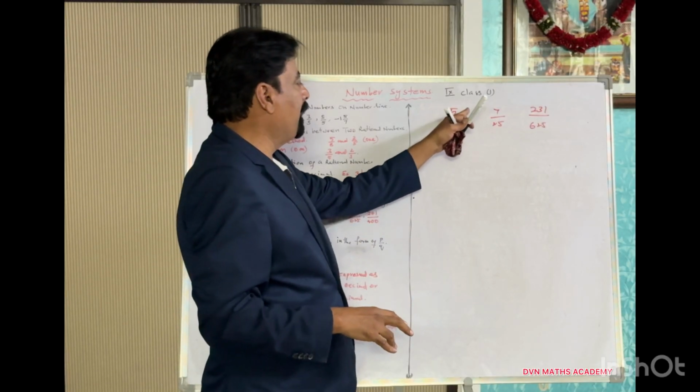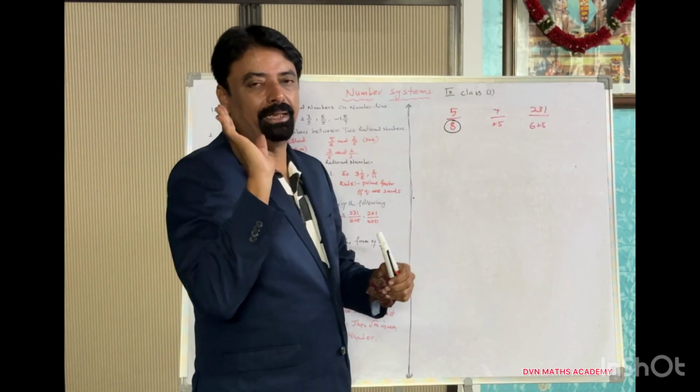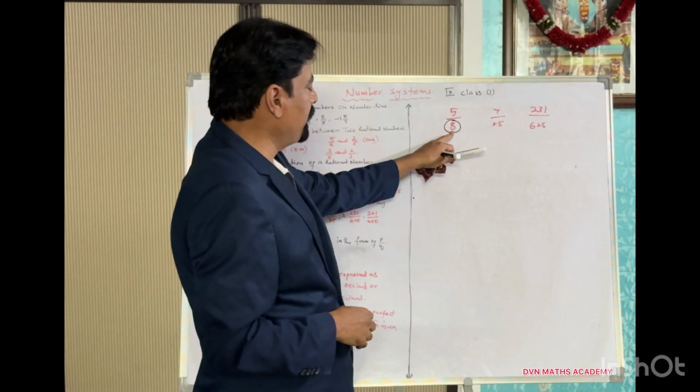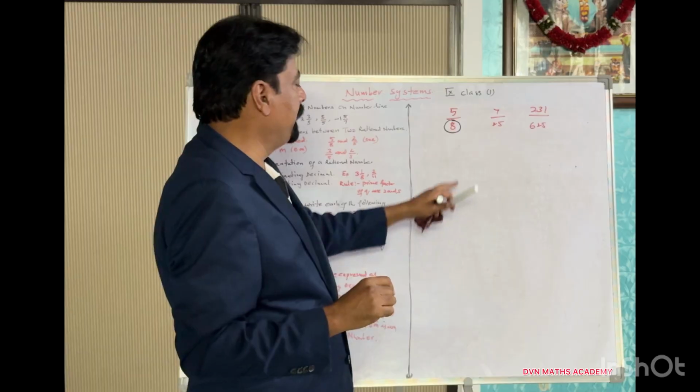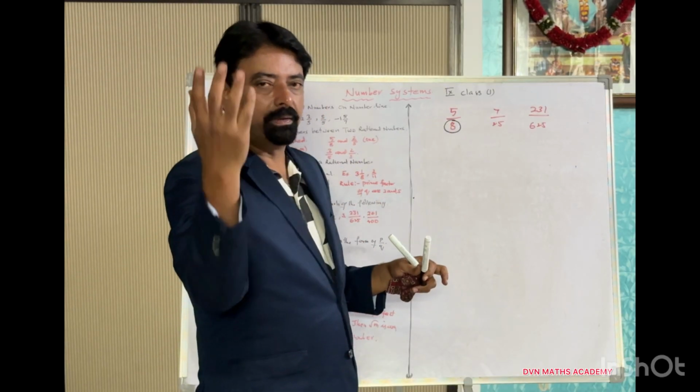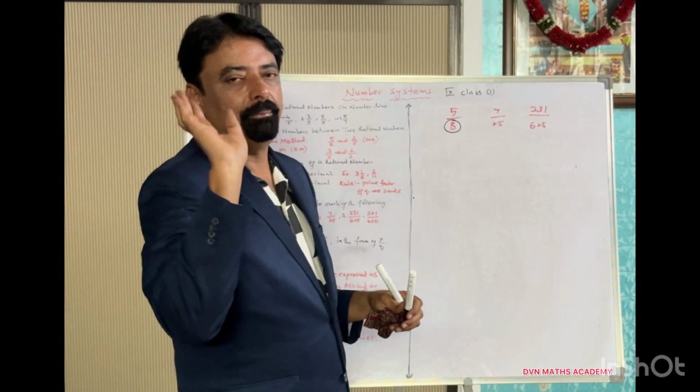Then the fraction becomes a terminating decimal. If the prime factorization of the denominator has only 2 and 5 as prime factors, then the rational number, if you convert into decimal, becomes a terminating decimal.